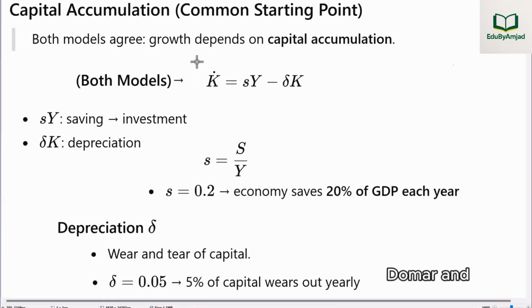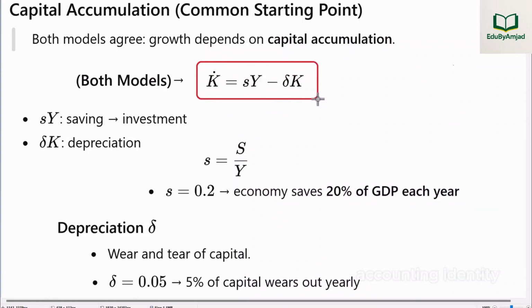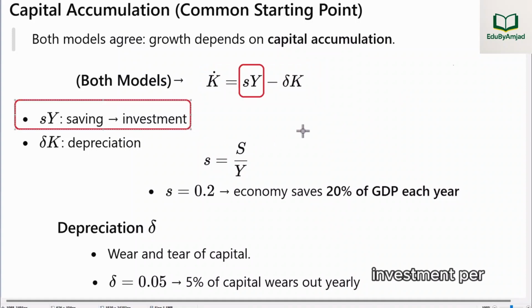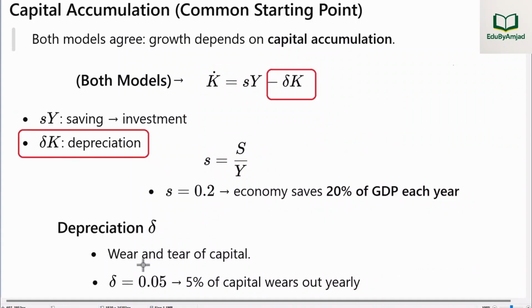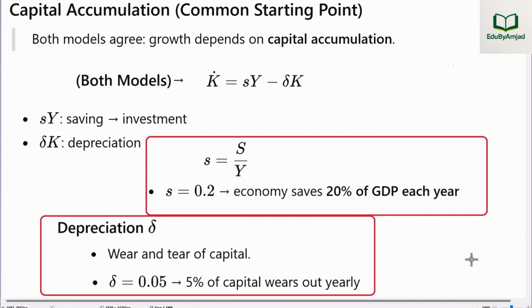Both Harrod-Domar and Solow begin from the same fundamental accounting identity. The change in the capital stock per year equals new investment per year, minus capital that wears out per year. The lowercase letter s and the Greek letter delta represent the annual saving rate out of national income, and the depreciation rate of wear and tear of the national capital stock.